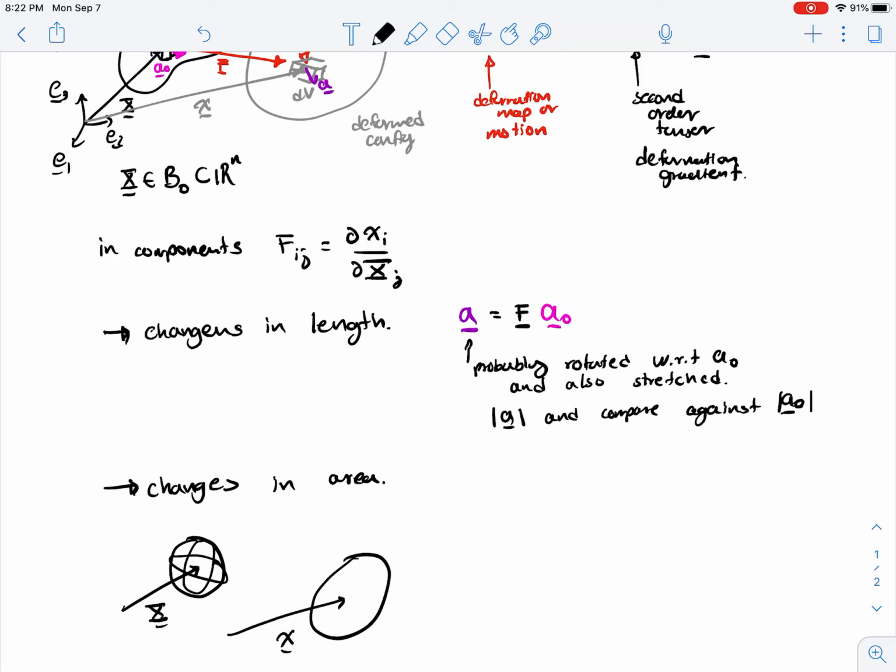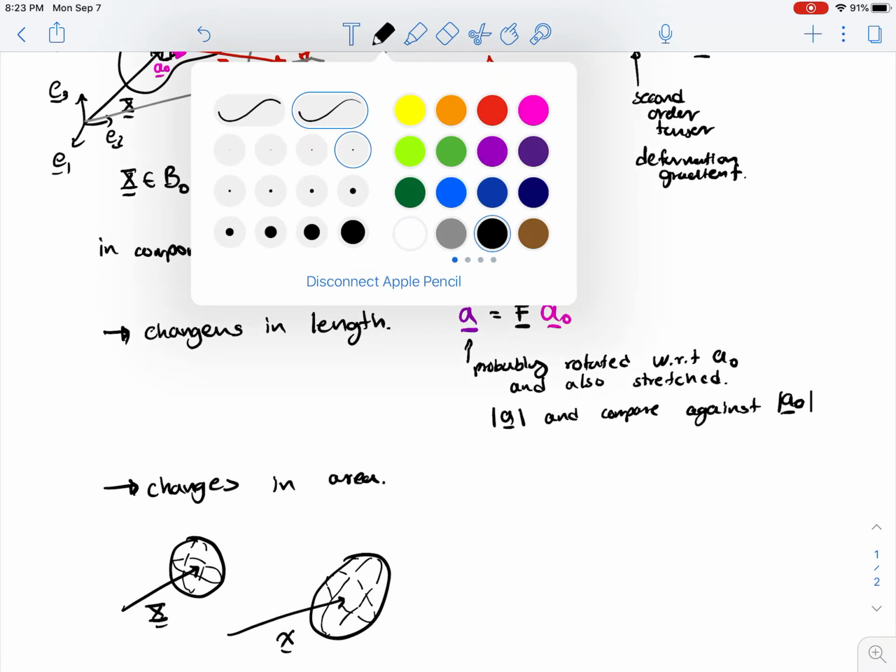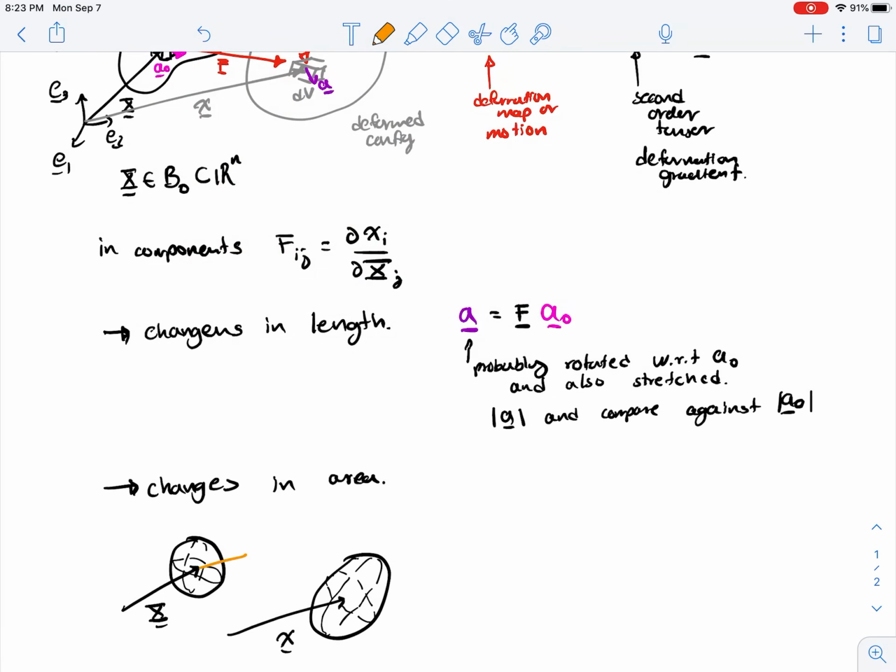And that sphere gets mapped to some sort of ellipsoid in the deformed configuration. Some 3D ellipsoid in the deformed configuration. And then what I'm going to do is pick some normal at this point X, and that normal defines basically this slice of the sphere.